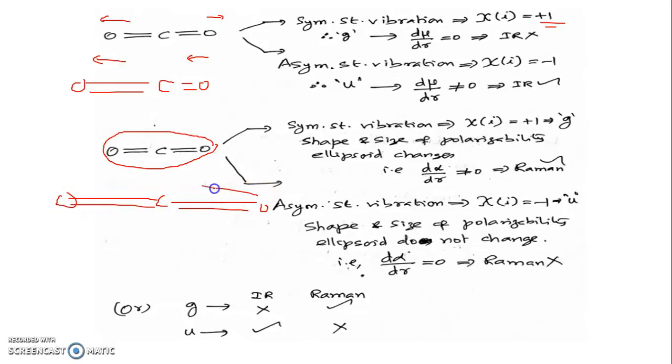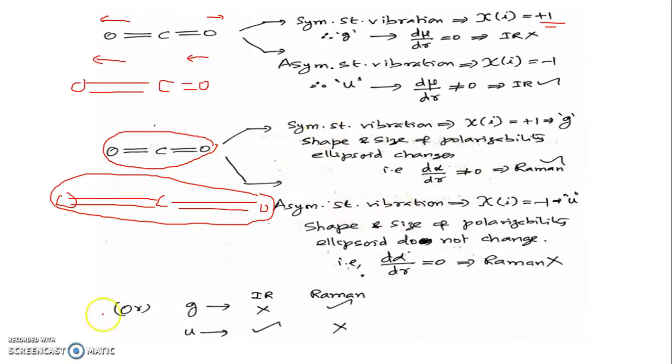Now what will happen? You will get a somewhat larger ellipsoid. The size of the polarizability ellipsoid changes. If the size or shape of the polarizability ellipsoid changes, that means polarizability changes during vibration. So the change in polarizability is not 0. Therefore the vibration is Raman active. So in carbon dioxide, the symmetric stretching vibration is Raman active.